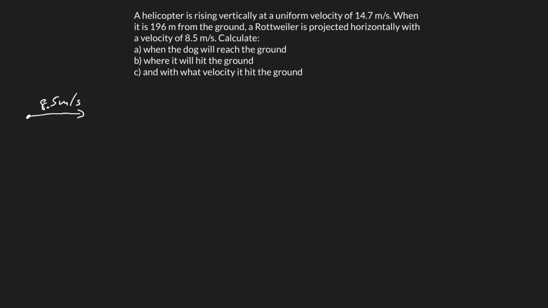But it's also going to have a vertical component. And that vertical component is going to depend on the initial vertical velocity as well as the acceleration. So we don't actually know this yet. We need to do a little bit of math to calculate that. After we have that, we can find the resultant vector. And also we can look for this angle in here.